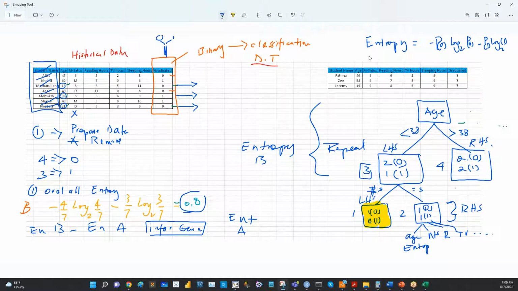Quick question here before we move on. Can I ask the question now? Yes, ma'am. So we are splitting based on the trees. I understand where to stop the splitting.